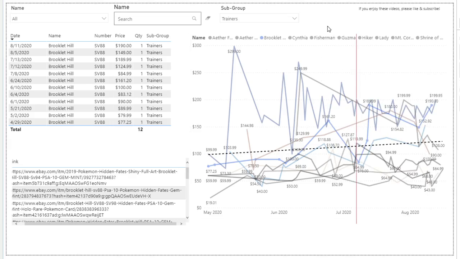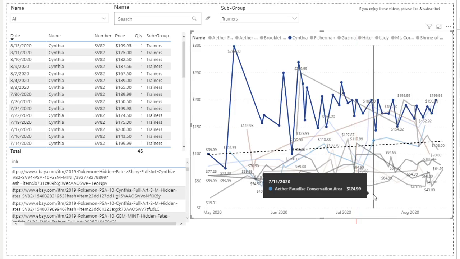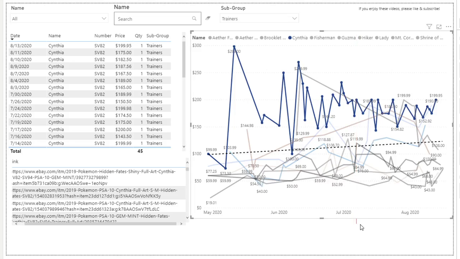Yeah, that's impressive. Cynthia is doing the exact same thing what I said Mewtwo GX was doing, just bouncing up and down. There's just such a high population of this card that they're always on sale. They're always being listed. There's always an option for you to buy it.